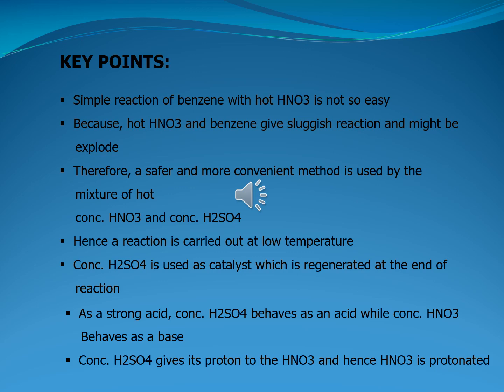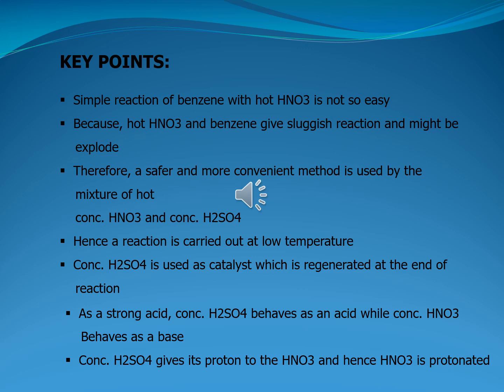Therefore, a safer and more convenient method is used: a mixture of hot concentrated nitric acid and concentrated sulfuric acid. Hence, the reaction is carried out at low temperature. Concentrated sulfuric acid is used as a catalyst, which is regenerated at the end of the reaction mechanism.